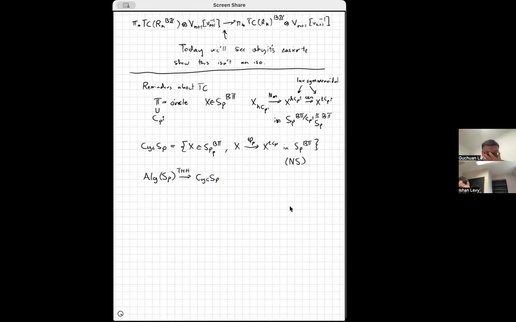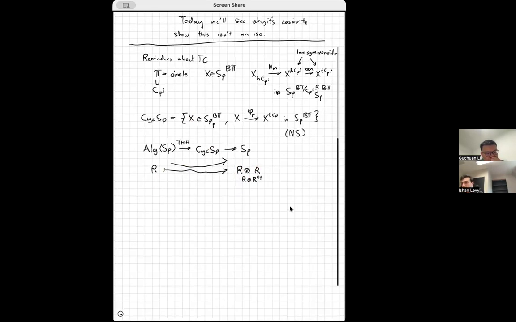Any cyclotomic spectrum has an underlying spectrum, namely just the underlying object X, so there's a forgetful functor to spectra. This composite I can describe. It sends an object R to R tensored over R tensor R^op of R. Here you're viewing R as an R-bimodule in two different ways.